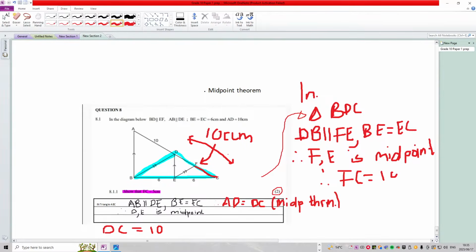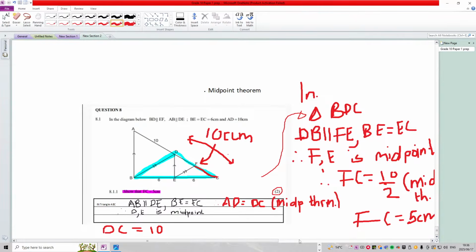So FC is equal to 10 divided by 2. Our reason there: midpoint theorem. Therefore, FC is equal to 5 centimeter.